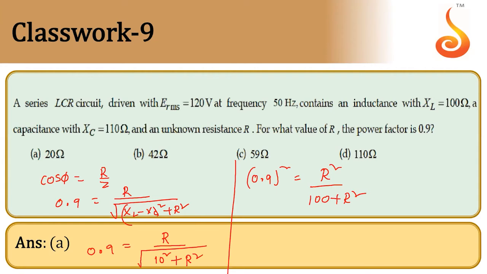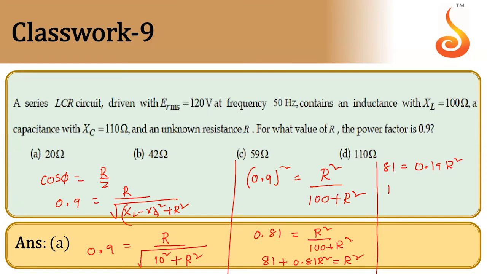Okay, if you simplify, check it. 0.81 equals R square by 100 plus R square. When you multiply, you'll get 81 plus 0.81 R square equals R square. Sending it across, 81 equals 0.19 R square.